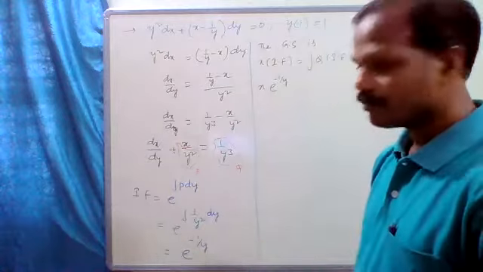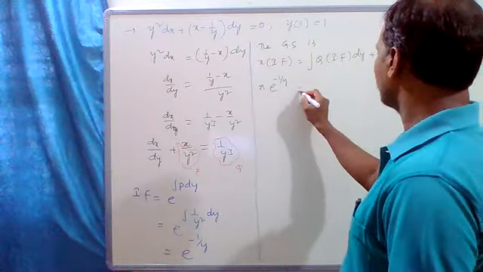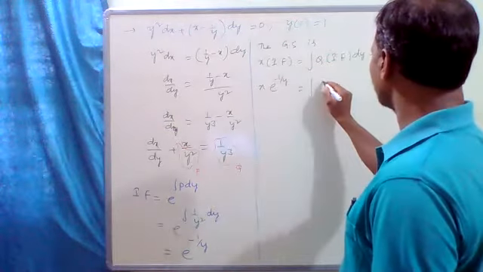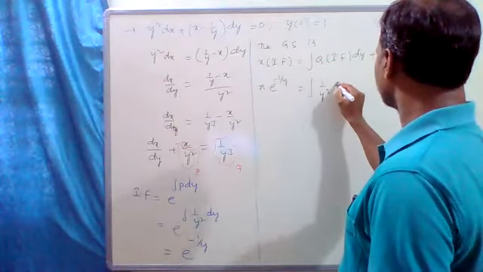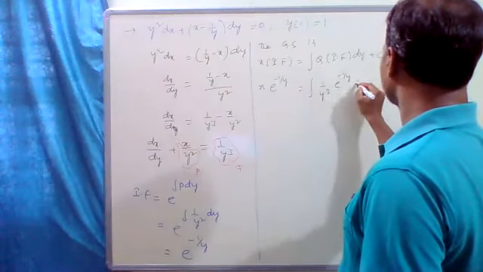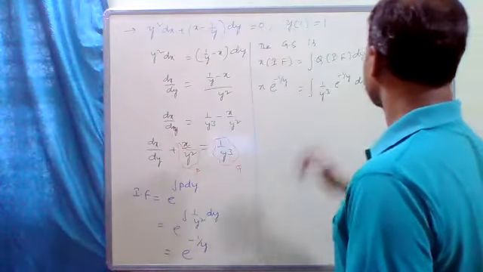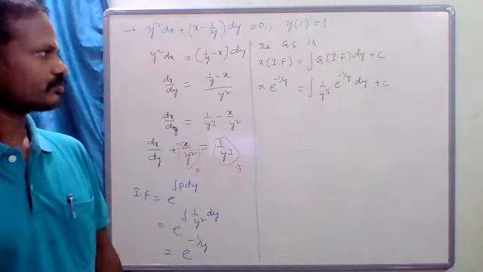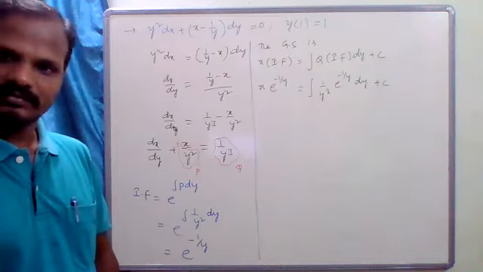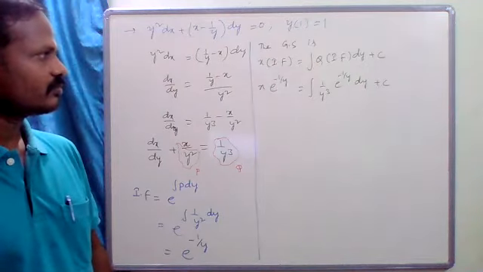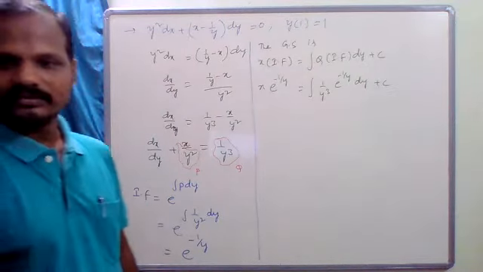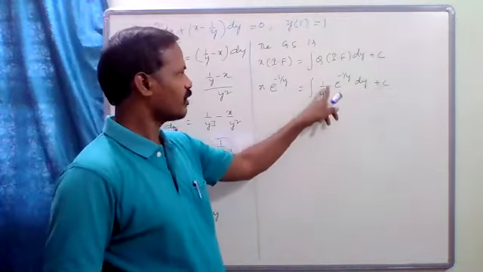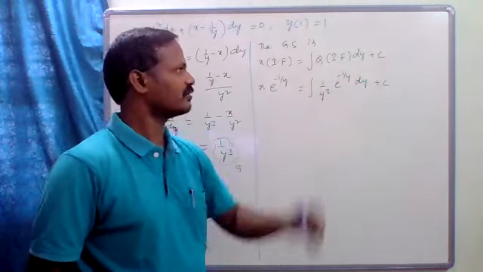So x into e power minus 1 by y equal to integral of q, which is 1 by y cube, times e power minus 1 by y dy plus c. How can we find this integration, 1 by y cube e power minus 1 by y?